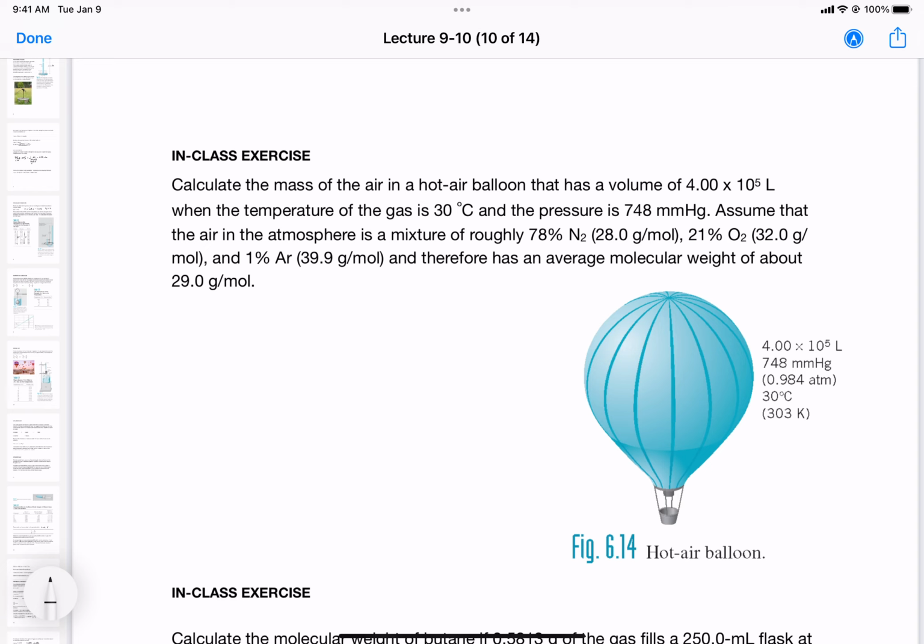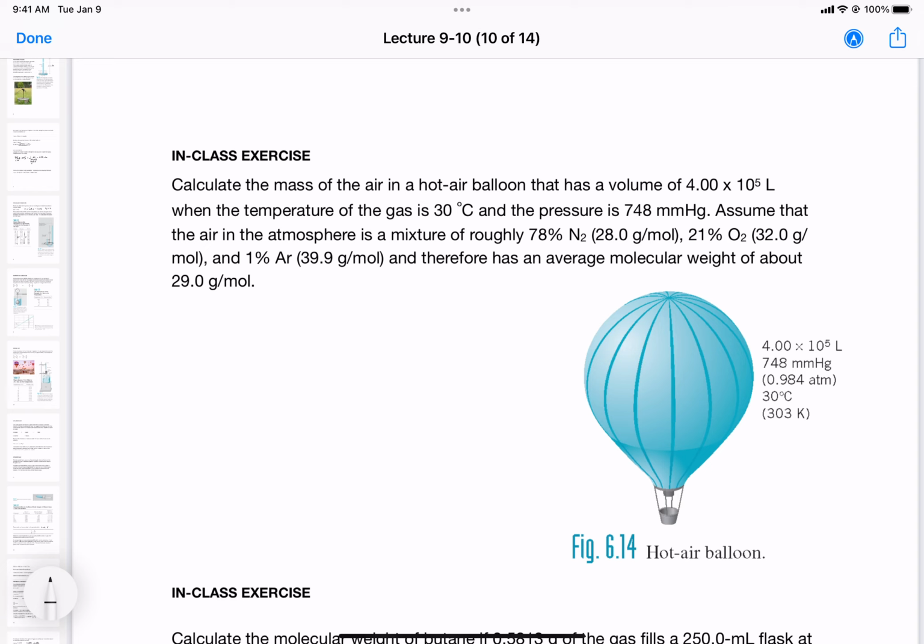Let's assume that the air in the atmosphere is a mixture of roughly 78% nitrogen, 21% oxygen, and 1% argon. In this case, the average molecular weight of the air is about 29.0 grams per mole, due to the arithmetic mean of all those gases I just mentioned.